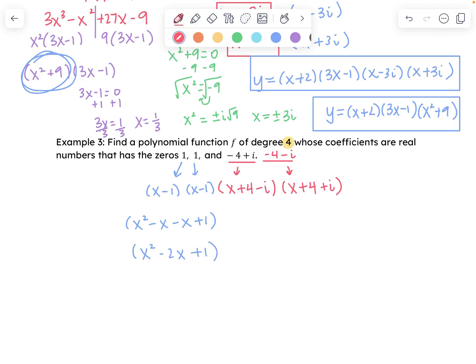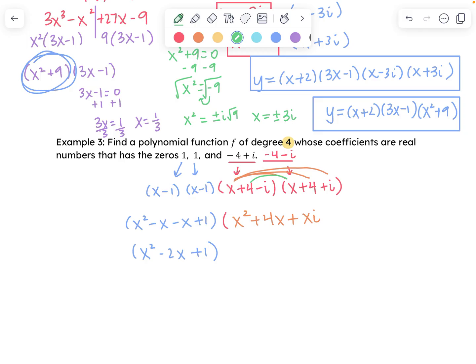The right side, the pinks, is where it gets a little trickier because I've got 3 terms in each of those. So when I'm multiplying these, I'm going to start with this x and I'm going to distribute it to everything over here. So x squared plus 4x plus, and I'm going to write it as xi. Then I'm going to do my 4.